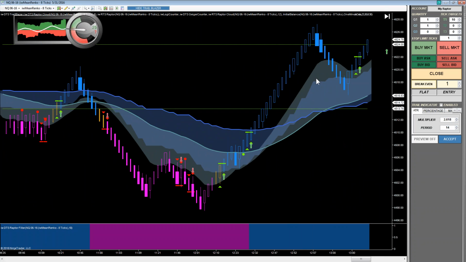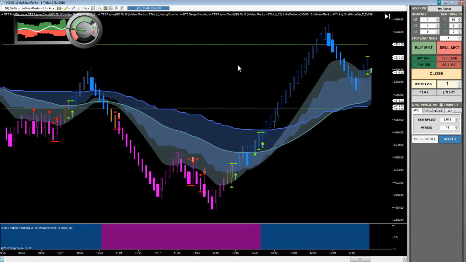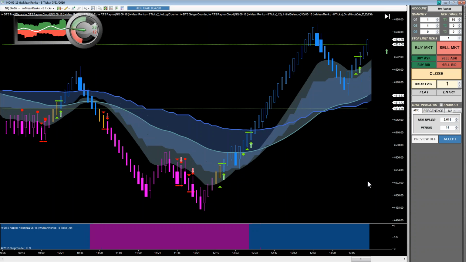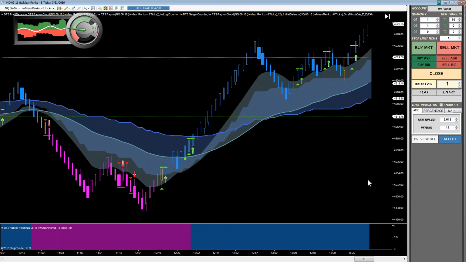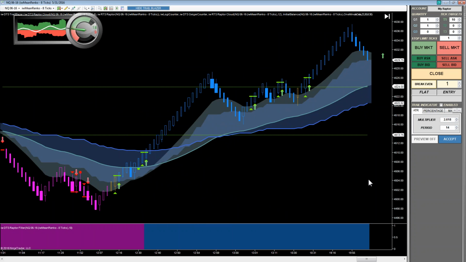When the cloud crossover occurs, which is when we go from a downtrend to an uptrend, we typically expect the market to retreat into the cloud and then for the cloud to offer some sort of support. So this would be our buy signal. And you can see that had some fairly decent follow through to it.